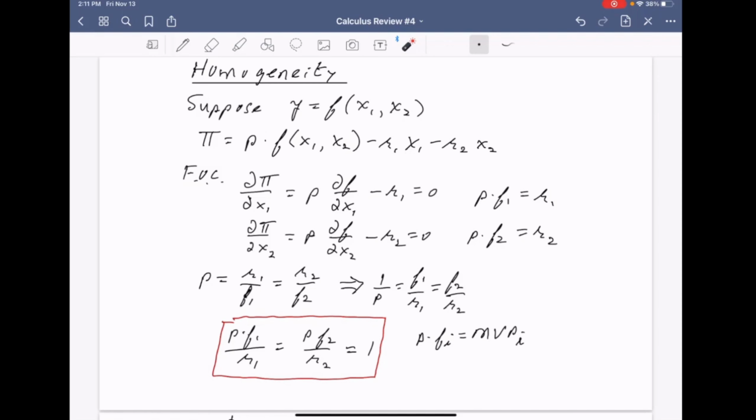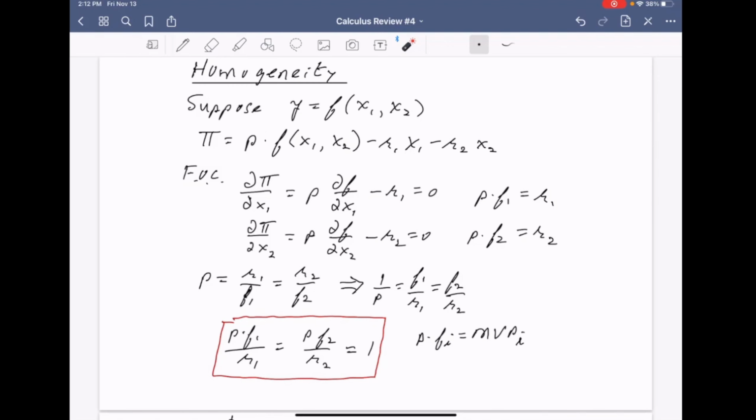So then if we solve for the price, we get that price is equal to R1 over F1, where F1 is the marginal product of 1, equals R2 over F2, and we can rearrange that by putting 1 over P. So we get then the marginal product of 1 divided by the price of 1 equals the marginal product of 2 divided by the price of 2.